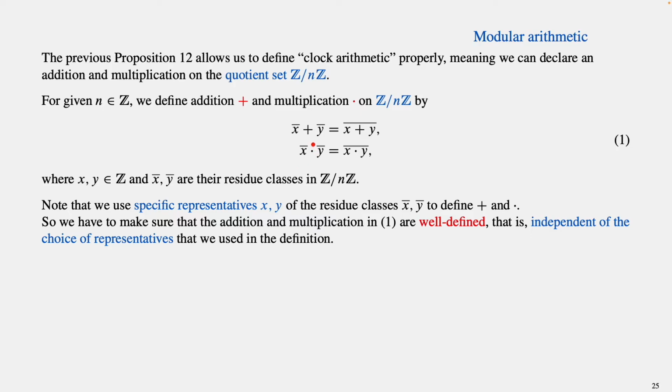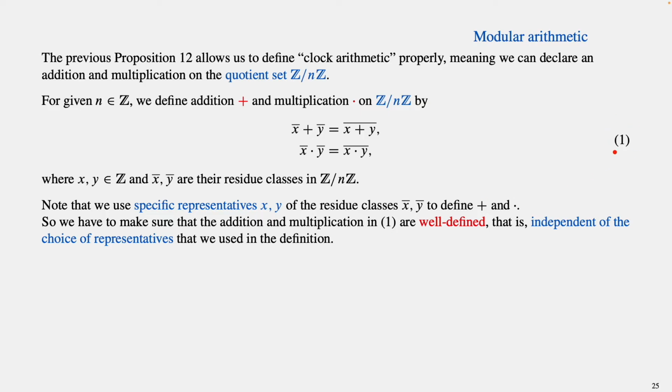So in order to define the addition and multiplication on the classes, we refer to particular elements x and y, because on the right hand side we use these representatives for the addition in the integers. And whenever we make a definition like that on some quotient set by using the representatives of the equivalence classes, we have to make sure that these operations are well defined.